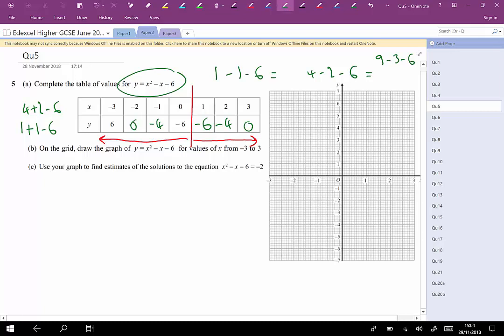Then when it comes to the graph, you've got x values and y values. So the first x and y coordinate, minus 3, 6, up there. Minus 2, 0, here. Minus 1, minus 4. 0, minus 6. 1, minus 6. 2, minus 4. 3, 0.